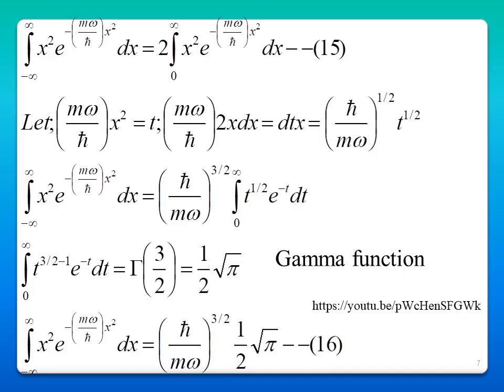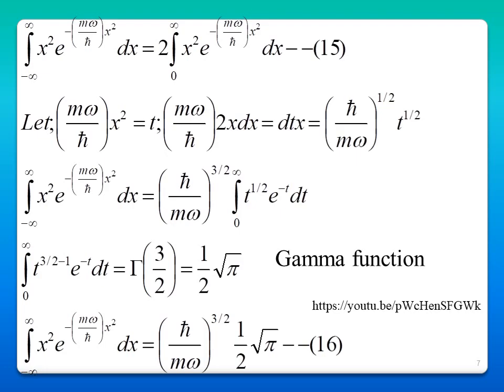So if you substitute all these terms, we will get h cross by m omega whole power 3 by 2 integral from 0 to infinity t power half e power minus t dt. And this term we can write as integral from 0 to infinity t power 3 by 2 minus 1 e power minus t dt, because of the gamma function like this, so we can take this is equal to gamma of 3 by 2.